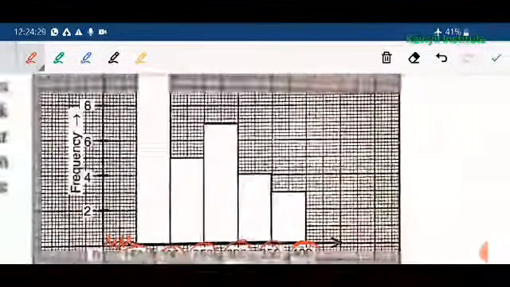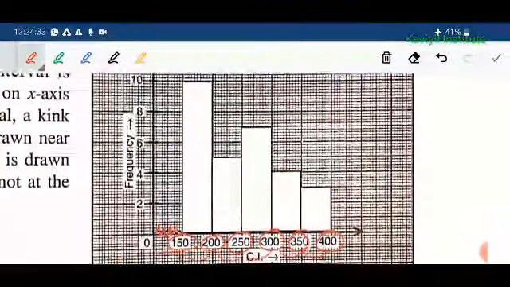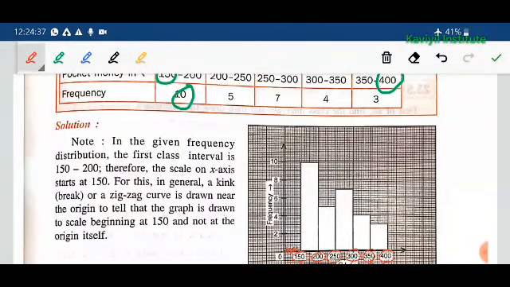So in the graph, again we are going to observe the frequency. 150 to 200, what was the frequency given above? 10, right? See, in the graph we have marked 10. So this is the area where we will be getting the 10, right? Perfect. And the second one is 5. See, then 0, then 1, 2, 3, 4, 5. 5 is coming here, right?